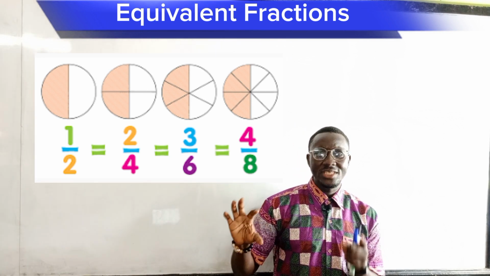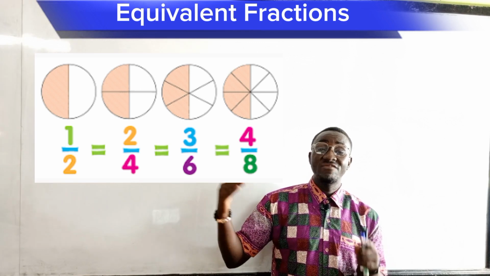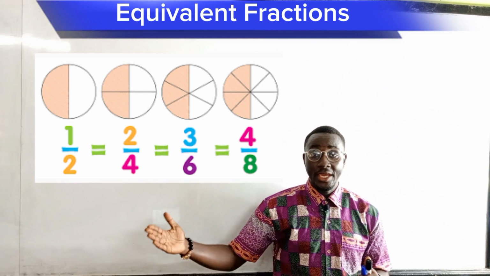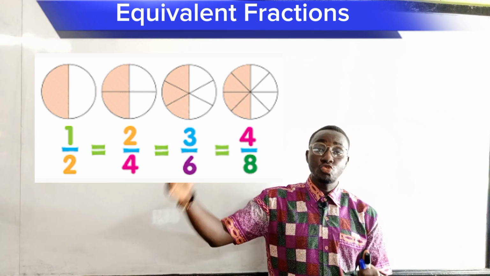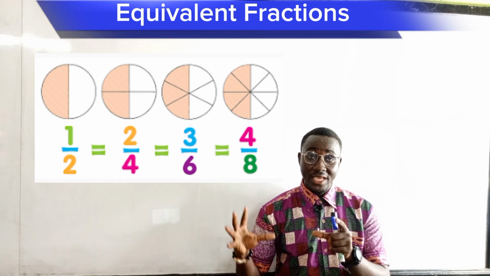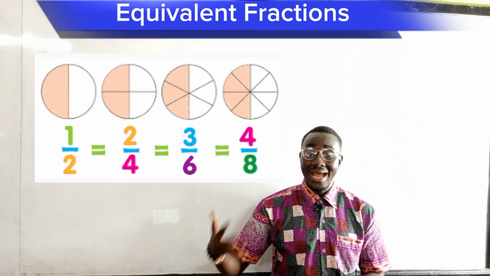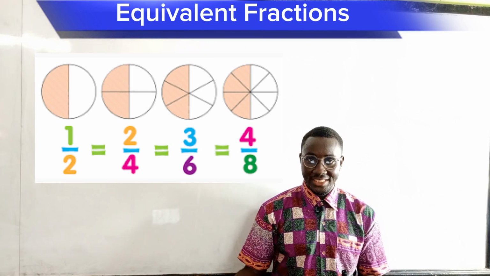You could tell that the one space that has been shaded can also be divided into 2 more. And then you can have 2 out of what? 4. That same space can be divided into 3 more. So you can have 3 out of 6. Do you get it? Good.